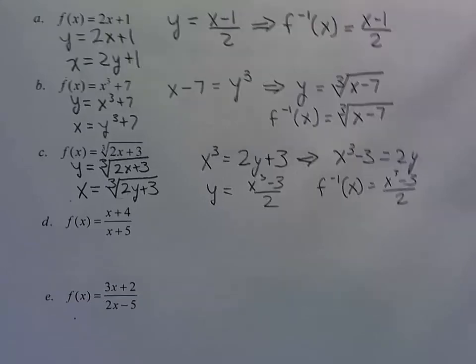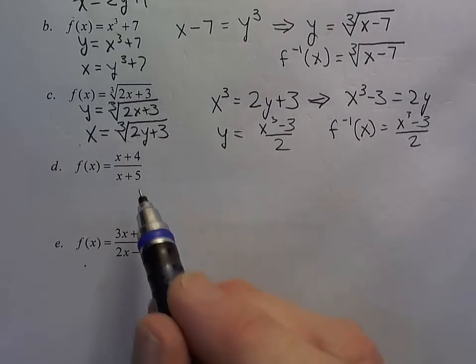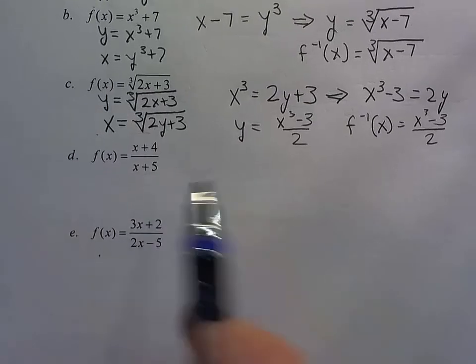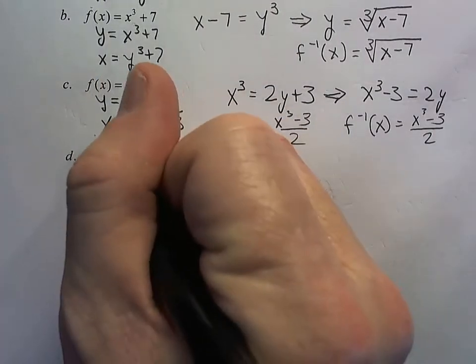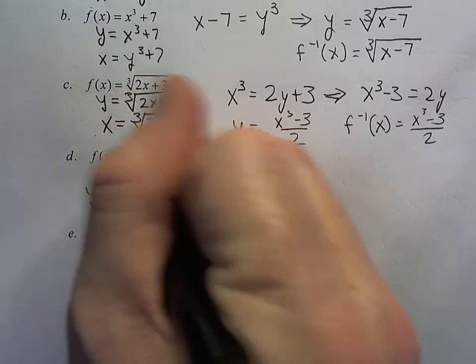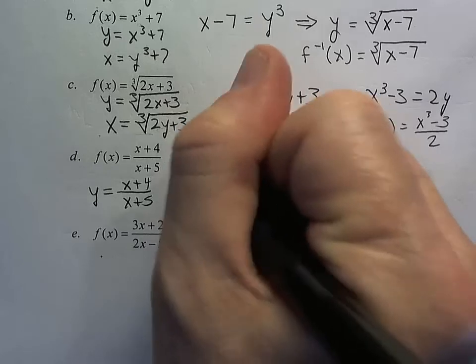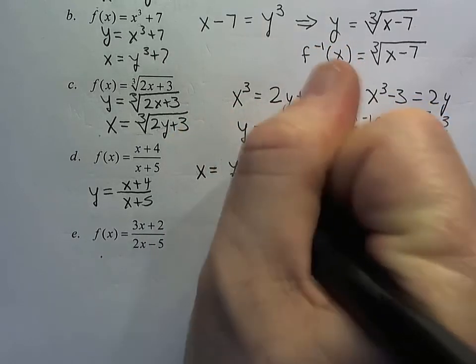Okay, now for these ones down here, sometimes this gives people a little more trouble. Notice you've got y equals x plus 4 over x plus 5. Now I want to interchange the variables. So I get x equals y plus 4 over y plus 5.